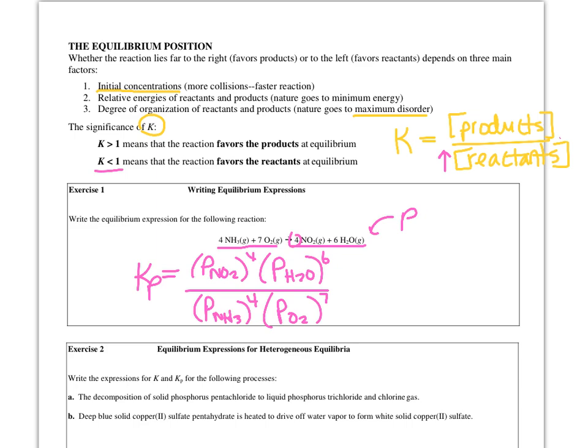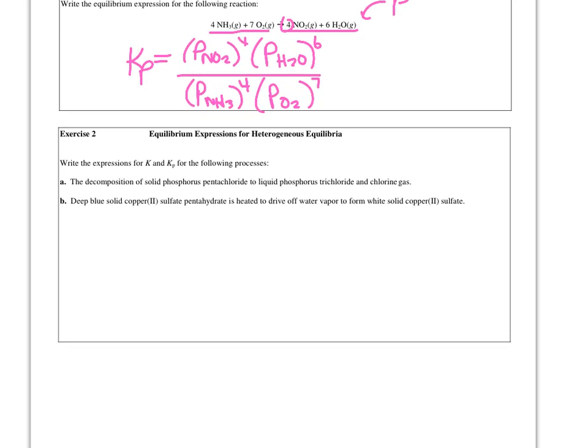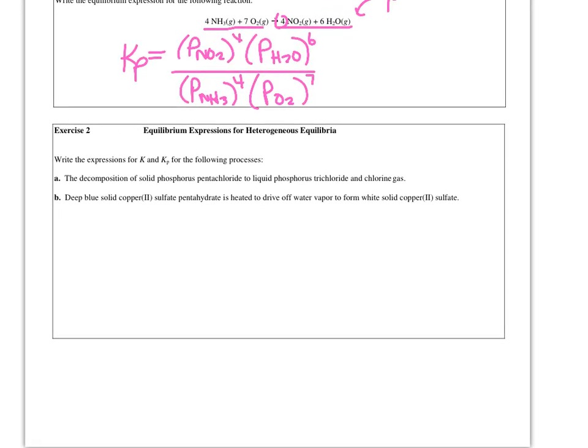All right, let's move up. I am not going to do these next ones with you. I want you to try exercise 2 on your own. So do those and submit those, okay? In order to do these, you're going to have to write correct chemical formulas first, and then you would write your equilibrium expression from that.